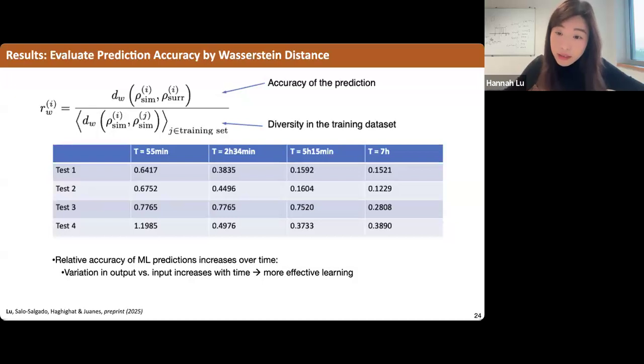And this reflects that the relative accuracy of our machine learning is enhancing over time. So it makes sense, as we know, machine learning is a data-driven method. It will learn better from a more diverse data set when more information from the data comes. It shows the fundamental difference between machine learning and conventional interpolation methods.